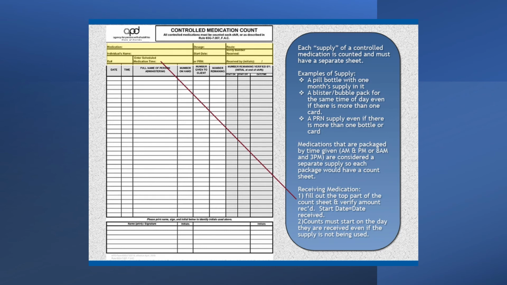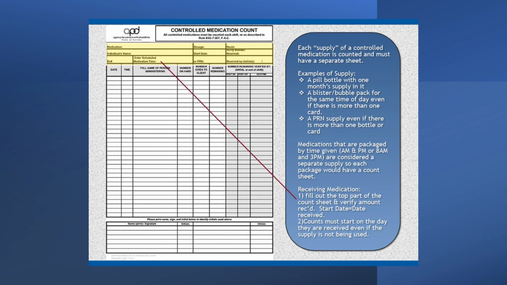If the medication is in a bottle, it's pretty easy. One bottle equals one supply equals one count sheet, unless it takes more than one bottle to supply the medication for the entire month. If it comes in a bubble pack, you give more than one dose a day, you must be sure the pharmacy did not dispense one card for each dosing time.